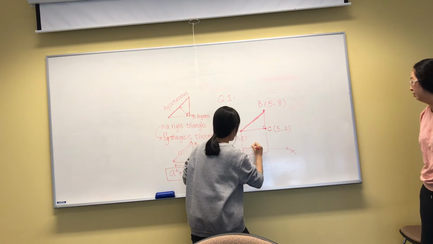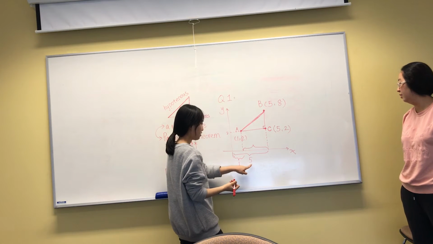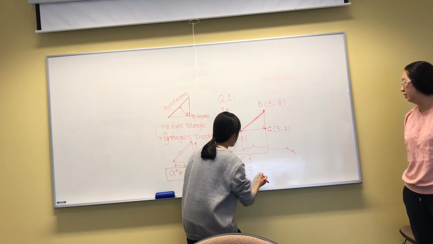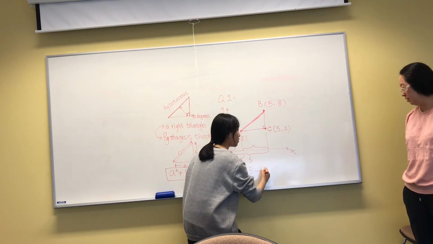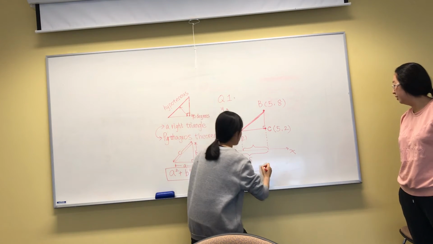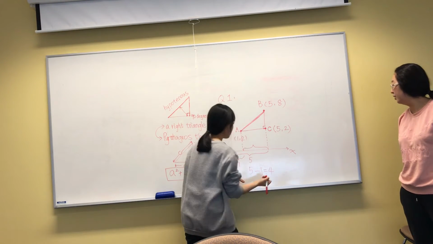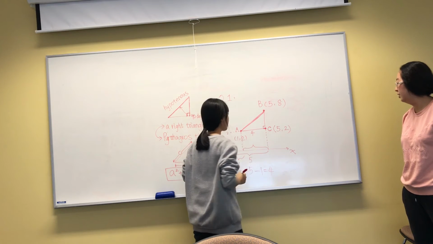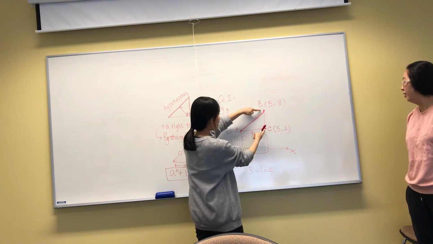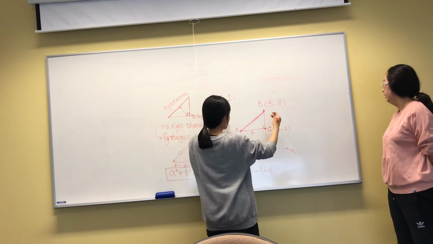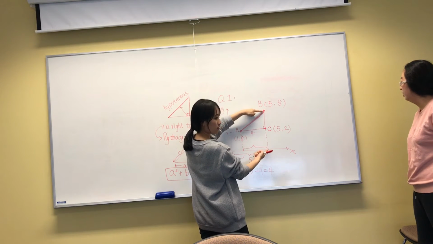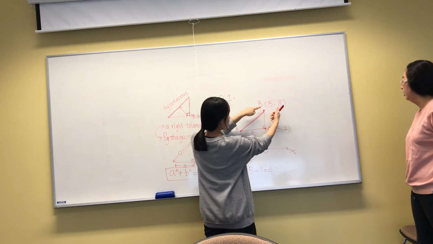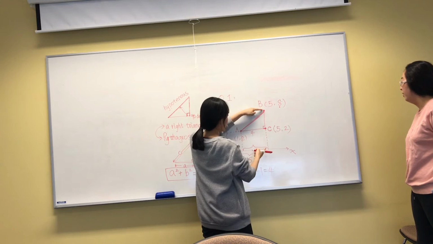So AC is 5 minus 1, which equals 4. Good. What about BC? What's the distance here? Yes, good, it's 8.